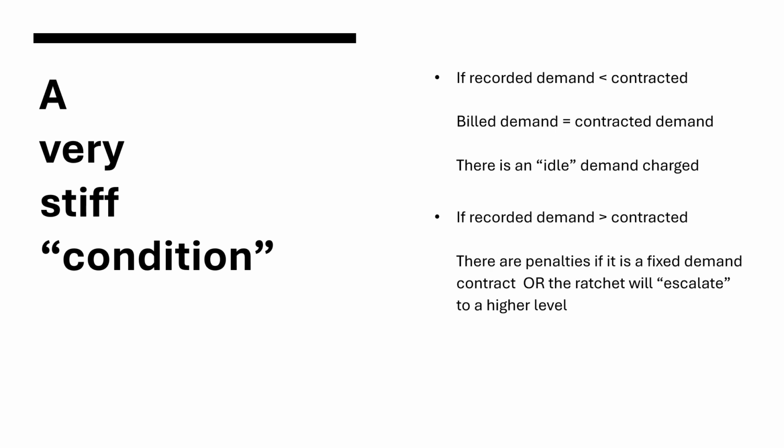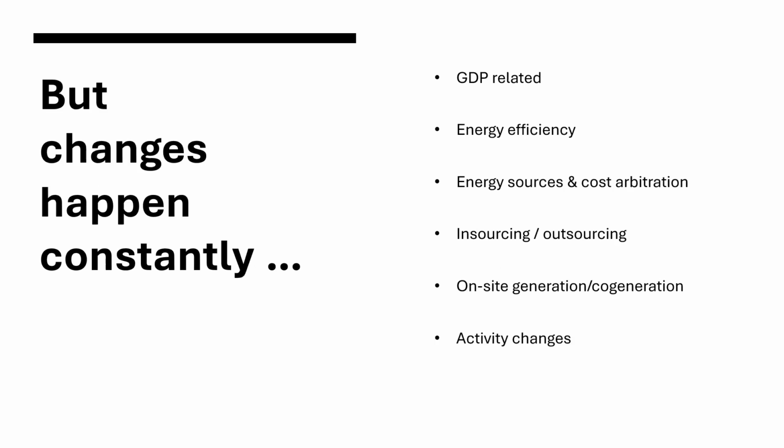Now, if the recorded demand is above the contracted demand, there are penalties if it is a fixed demand contract, or if it is the ratchet, it will escalate to a higher level. But from the end user's perspective, changes are happening constantly.